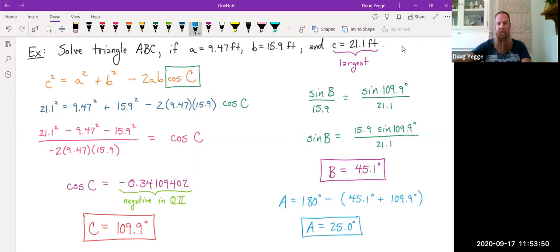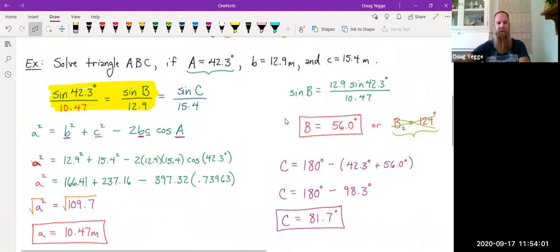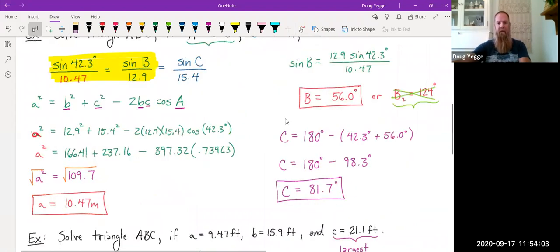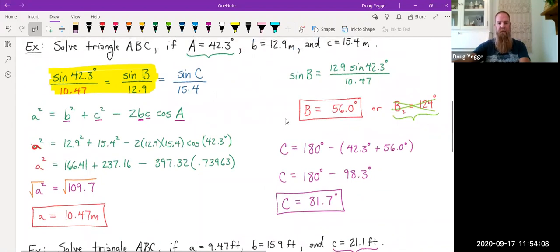So again, we have two different scenarios where we could use the law of cosines. We either use the law of cosines when we're given side angle side, which is exactly what we see here, because we would notice that with some given angle of 42.3 degrees, okay, if this is angle A, then we're given side B, which would be 12.9, and we're given side C, which is longer at 15.4.